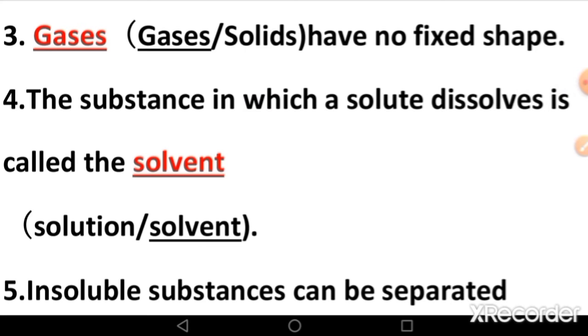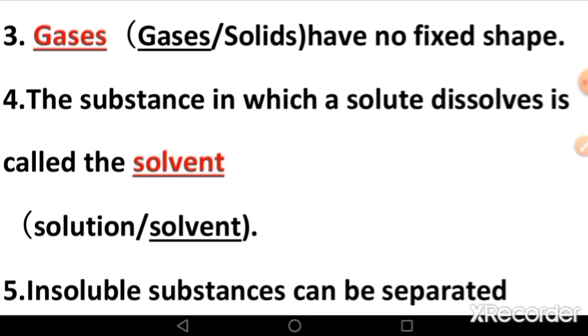Fourth fill in the blank. The substance in which a solute dissolved is called the dash. Options are solution and solvent. The answer is solvent because the substance in which the solute dissolves, means mixes, is called the solvent.